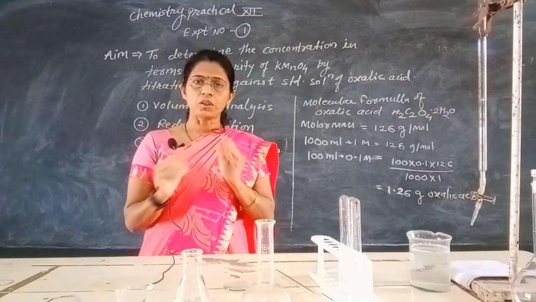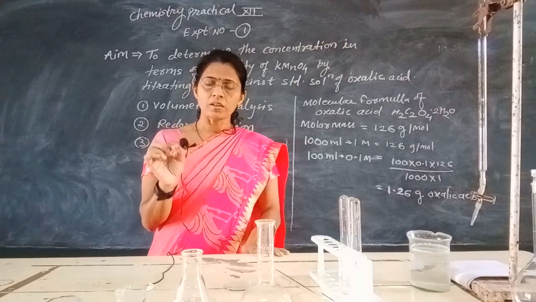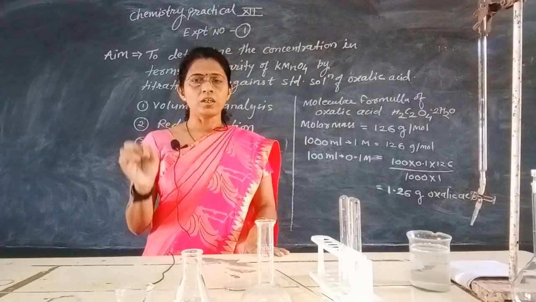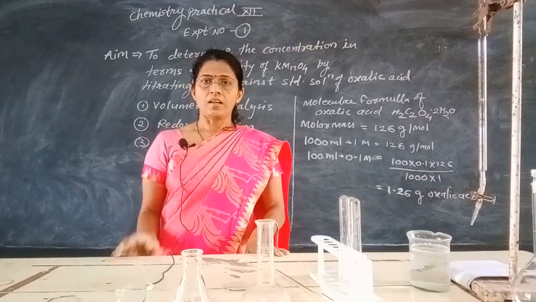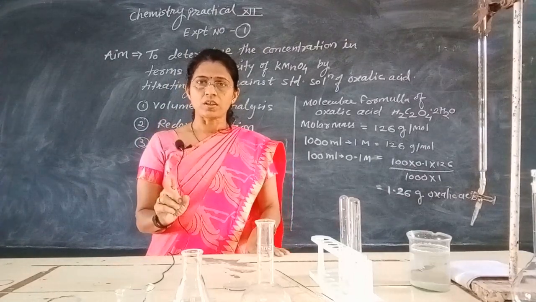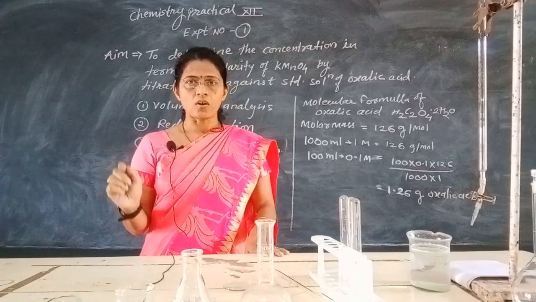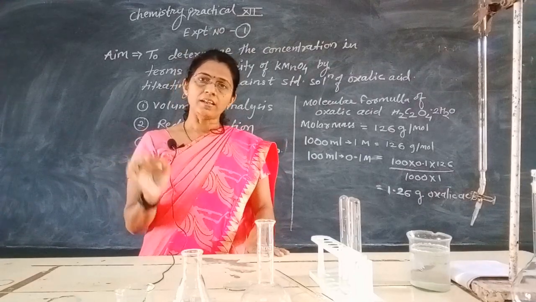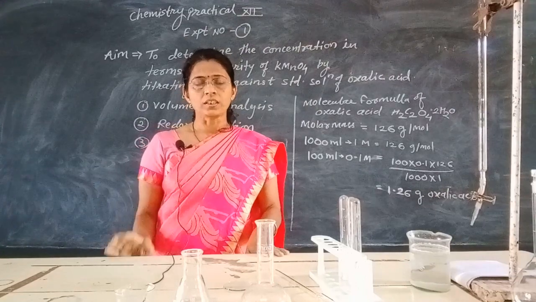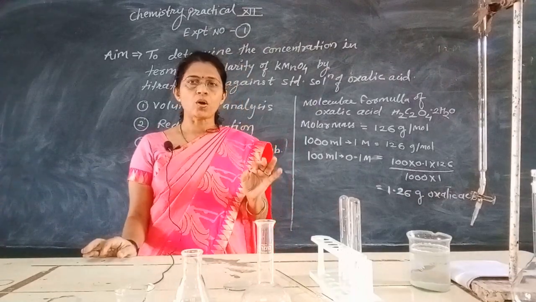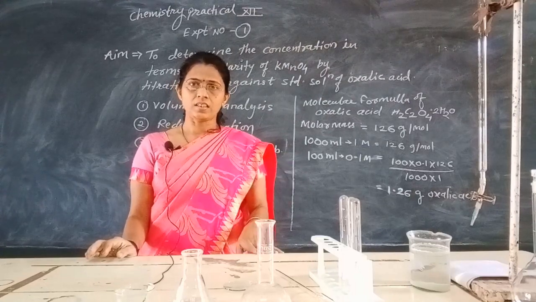Means if we want to prepare 100 ml solution of 0.1 molar oxalic acid, then I must dissolve 1.26 gram of oxalic acid in 100 ml of water, and that will be our standard solution of oxalic acid.